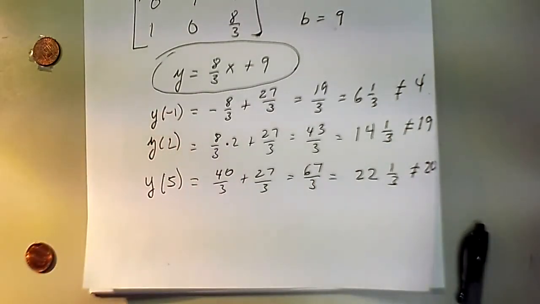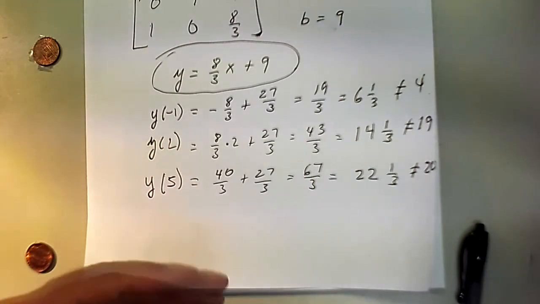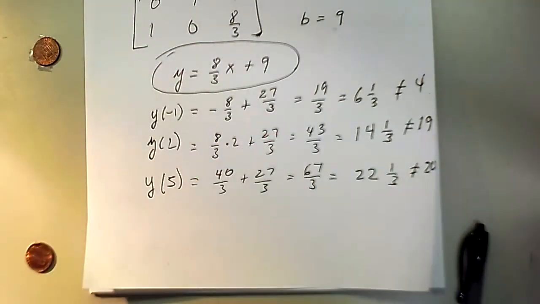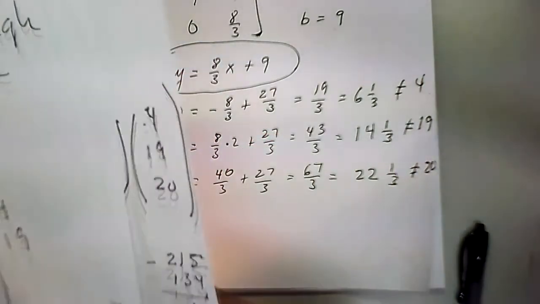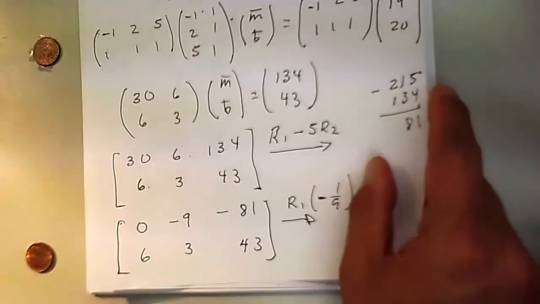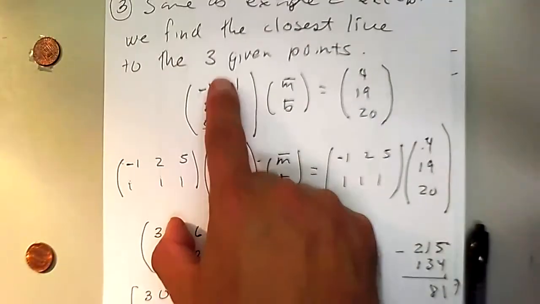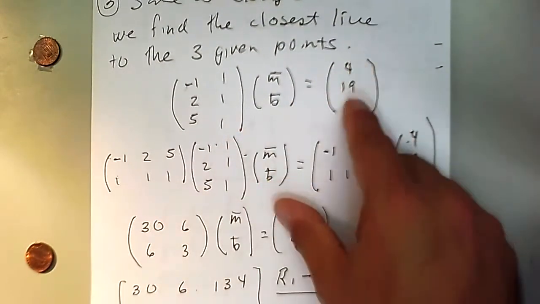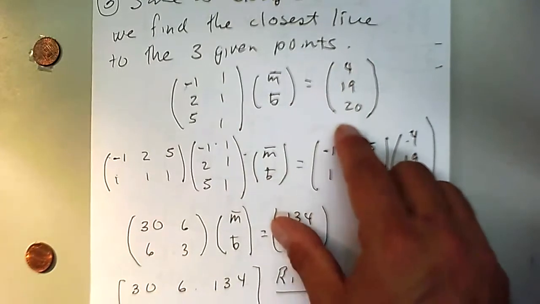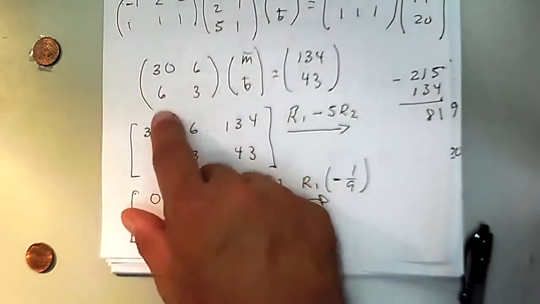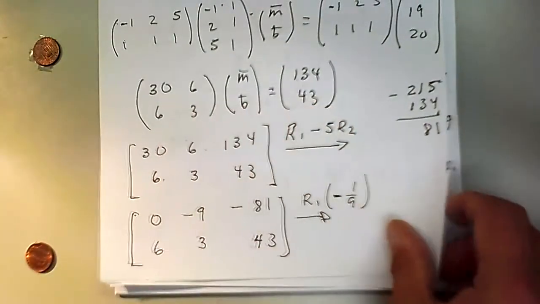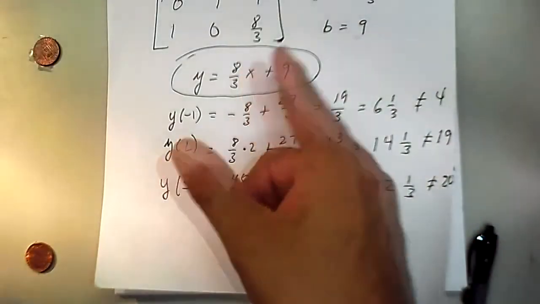If we had 4 points, the only difference is that instead of this 3×2 matrix, we would have a 4×2 matrix with a vector of 4. The multiplication would be the same. Eventually, we would end up with a 2×2 matrix, and then we solve it, and voila, no problem.